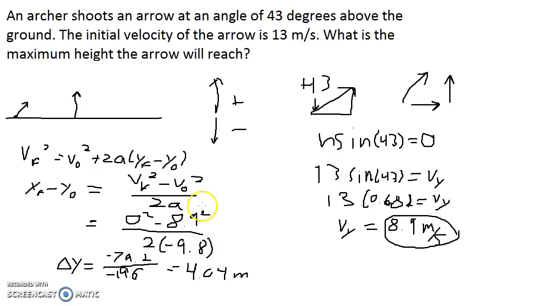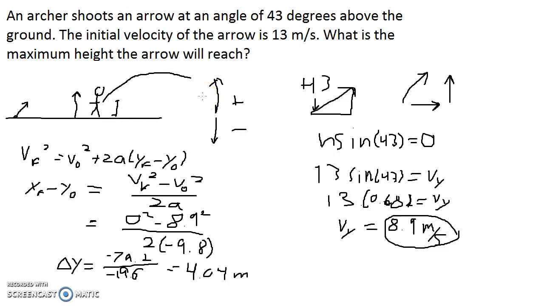Now, one thing to keep in mind that your professors may throw in there to try to trick you: let's say we drew the archer right here. If the archer is shooting from this point, this height right here may need to be factored in. So keep an eye out.